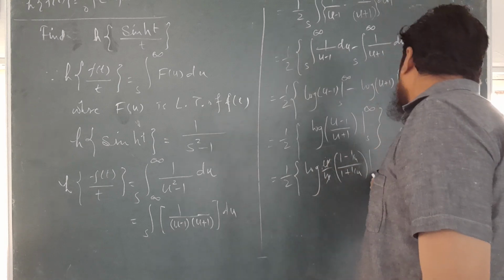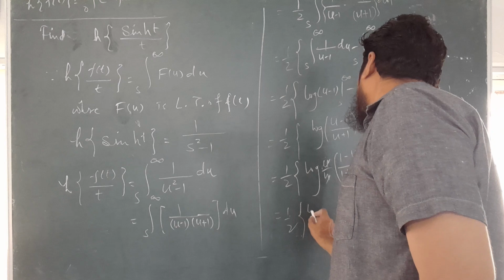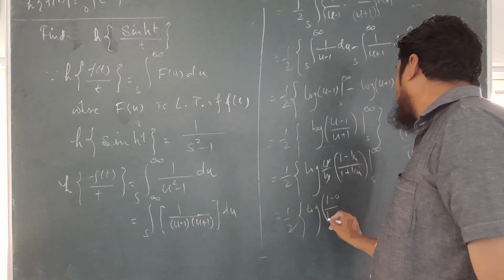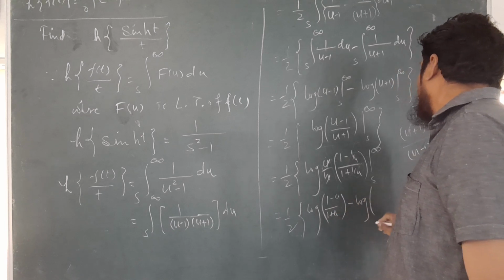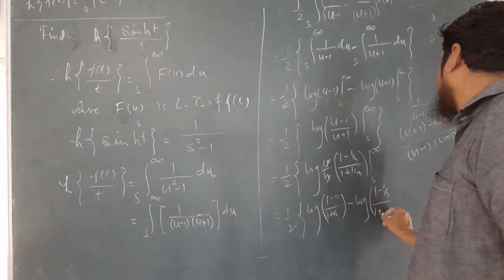So we write it as to infinity 1 by 2 log of 1 minus 0, 1 plus 0, and minus log of 1 minus 1 upon s and 1 plus 1 upon s.